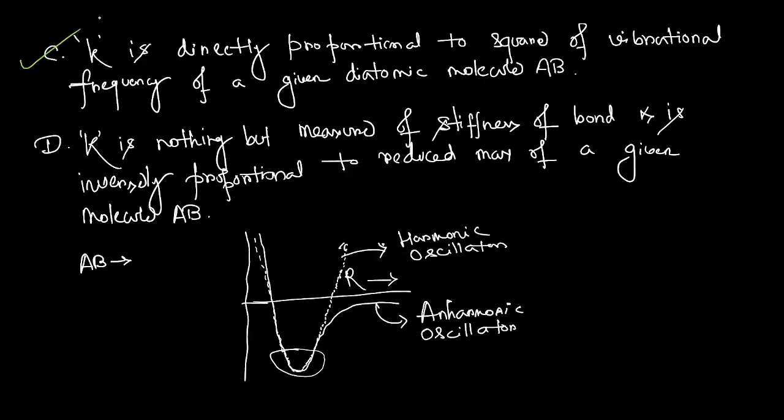Now k is nothing but a measure of the stiffness of the bond, as we saw. The k actually tells us how strong the bond is. The statement that it is inversely proportional to the reduced mass of a given molecule is not correct.